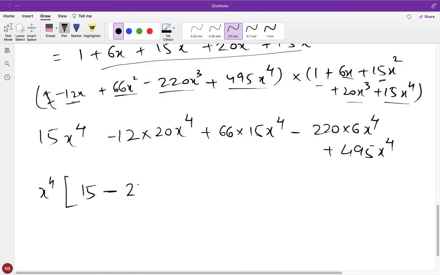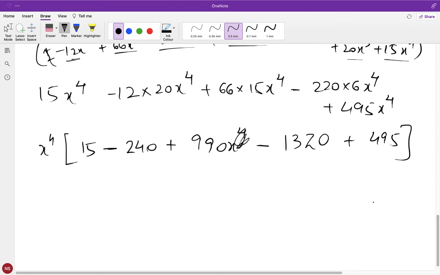12 times 20 is 240. 66 times 15 is what? 60, 15 times 6 is 90, so 900 plus again 15 times 6, so 990x⁴. x⁴ not here, it's taken over there. So 220 times 6 is 1320 plus 495.